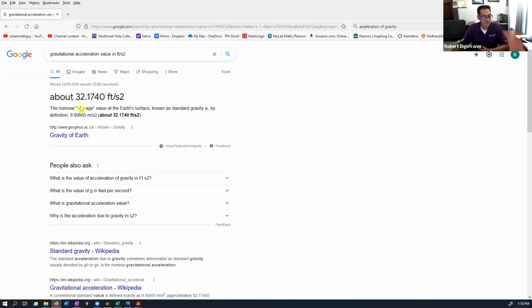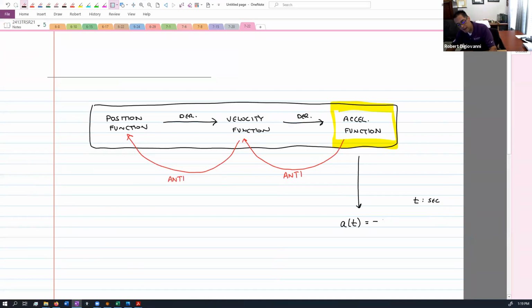When you do it in feet per second, it's about 32.17 feet per second squared. So I'm going to round it to 32 feet per second squared. I'm just taking the acceleration of gravity on Earth, which is usually measured in meters per second squared, and converting it to feet per second squared.